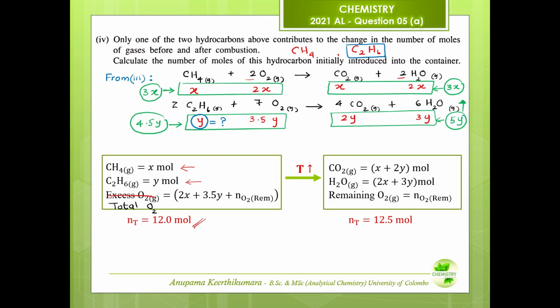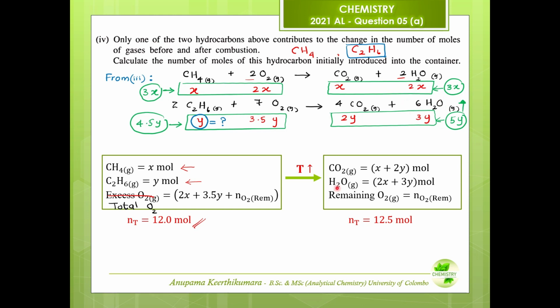Now move to the product side. Carbon dioxide, X moles have been produced from CH4, 2Y moles have been produced from C2H6. So this is the number of moles of carbon dioxide, that is X plus 2Y moles. Then the total number of moles of H2O gas. 2X moles have been produced from CH4 gas. 3Y moles have been produced from C2H6 gas.